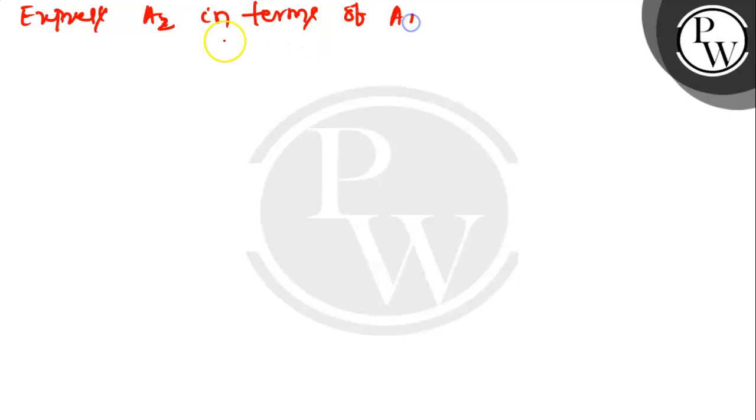So express A2 in terms of A1. So now we have A2 is equals to 3 by 4 A1. Okay, so the intensity of the image is directly proportional to the area of the aperture of the lens.